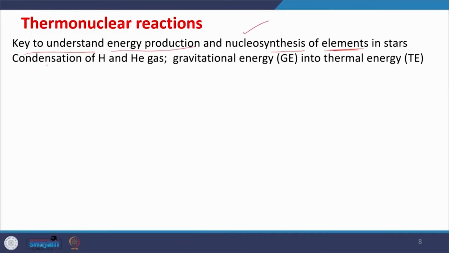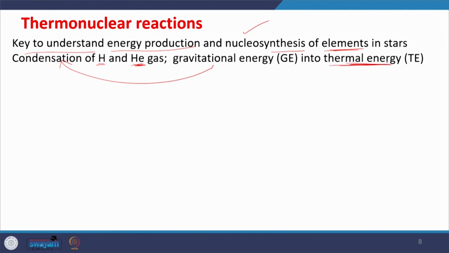As I said, initially when protons are formed, and because of the fusion of protons and neutrons, helium is formed. The gravitational energy causes the condensation, that means contraction, of hydrogen and helium gas, leading to the production of thermal energy.